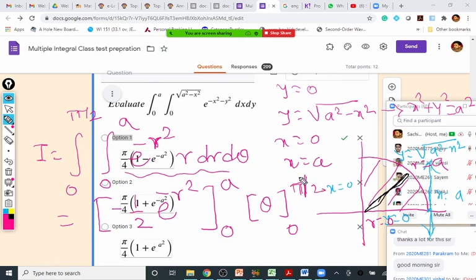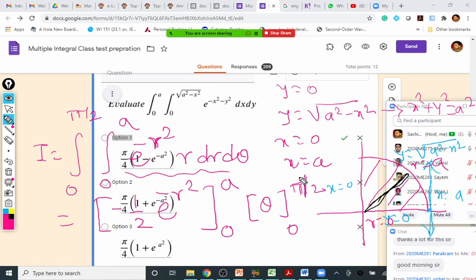Sir, can we do this in Cartesian as well? If you do it in Cartesian, that's a difficulty level you have to handle. Definitely, whenever the boundary of a region of integration is a circle, it is always better to transform to polar. If you are interested in Cartesian, then you should be good at handling those difficult calculations.